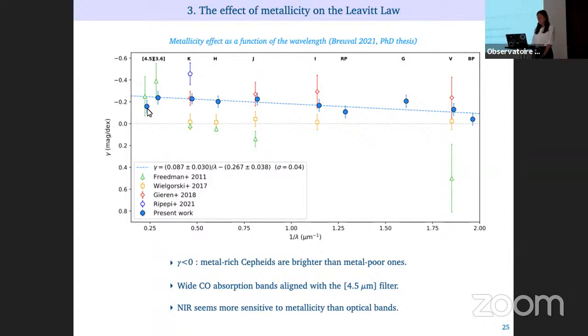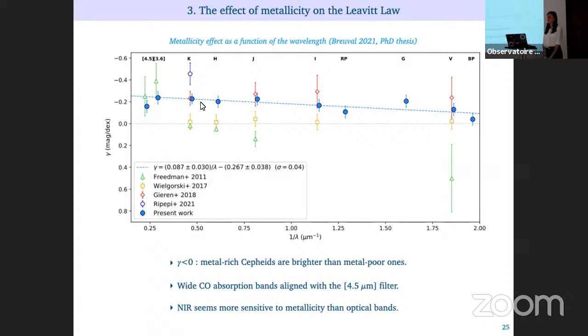It is very special because it has a wide CO absorption band. So the metallicity effect in this filter may be biased. This is why I excluded it. I excluded this point from the fits, and I fitted a line in all the other points.